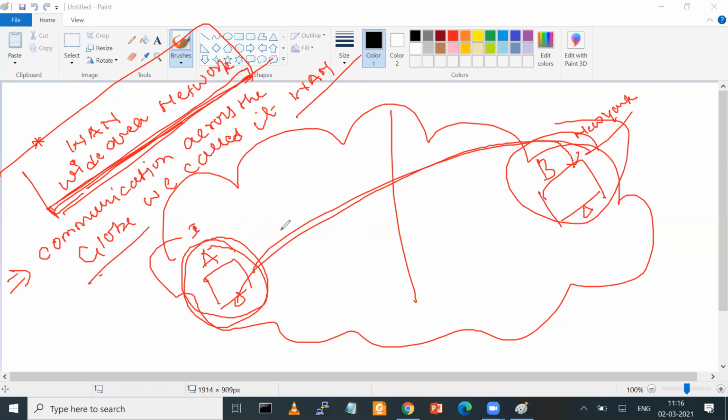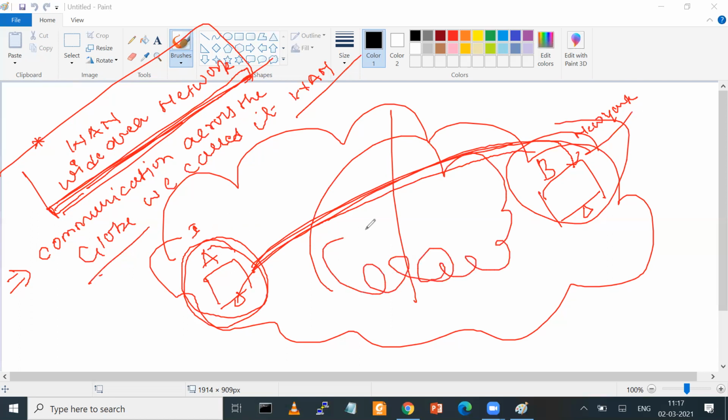So guys, we cannot connect via cable. I cannot use my dedicated cable to connect this. So the best example of WAN is the internet. Internet is already spanned over a country, or you can say across the globe. So via the internet line, we can connect these two machines.